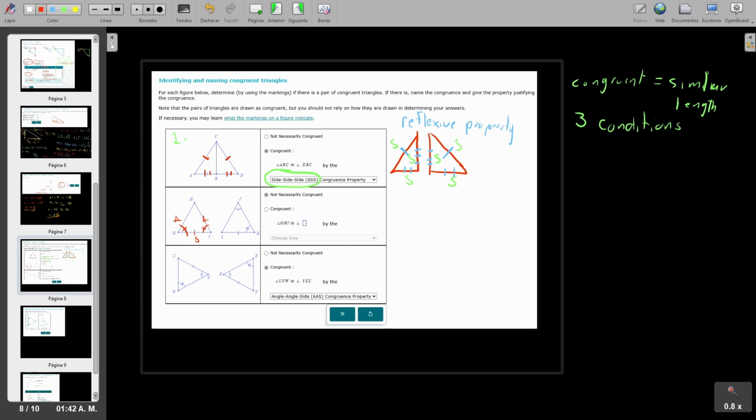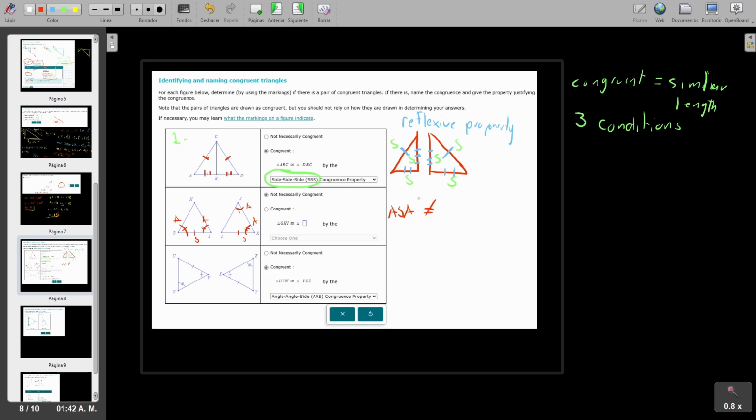They give us one condition here that is a side, one condition here that is an angle, and another condition that is an angle. The first triangle is going to be an angle, side, and another angle condition.